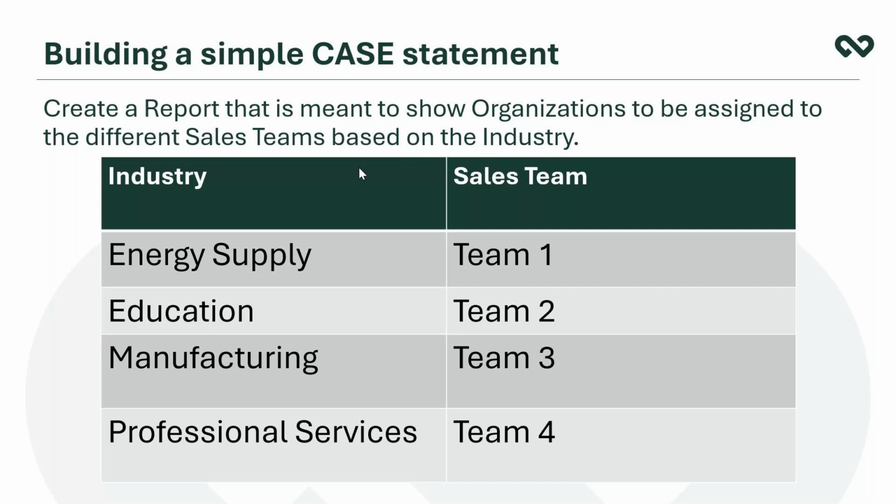So in the table, as you can see, if the organization's industry field value is energy supply, we want it to go to sales team one. If the industry is education, we want it to go to team two. When the industry is manufacturing, then we want it to go to team three. And when the industry is professional services, we want it to go to team four. And as I mentioned earlier, we will try and build this in workbooks.